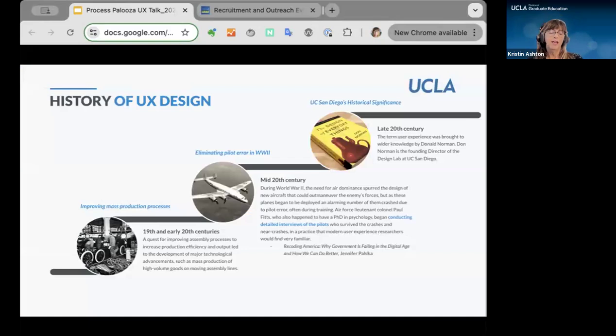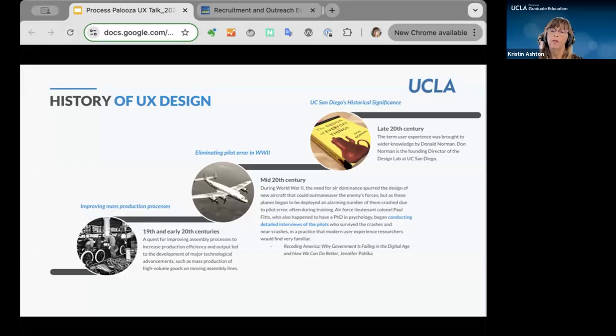We think it's important today to share with you the long history of understanding humans and how they interact with products and services. UX design has been around since the 19th century during the Industrial Revolution. And one example of how UX principles were used was when they were trying to increase production efficiency in mass production of assembly lines. And then in the 20th century, UX research helped reduce airplane crashes due to errors by interviewing the pilots.